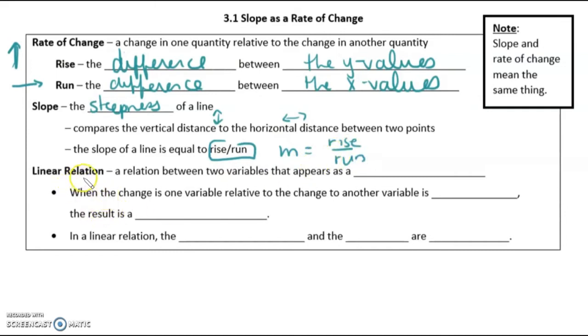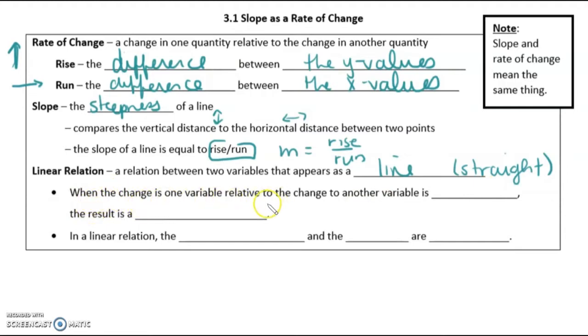When we talk about a linear relation, this is a relation between two variables that appears as a line. I never actually say straight because every line is straight. It's implied. If it's not a line, it's a curve.